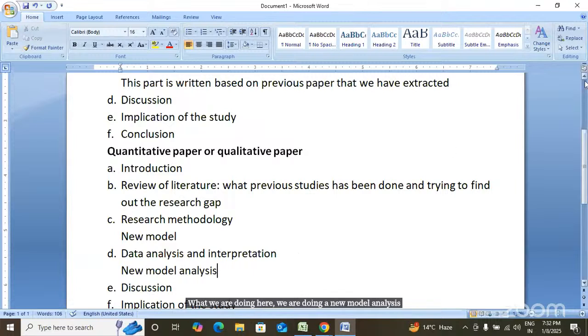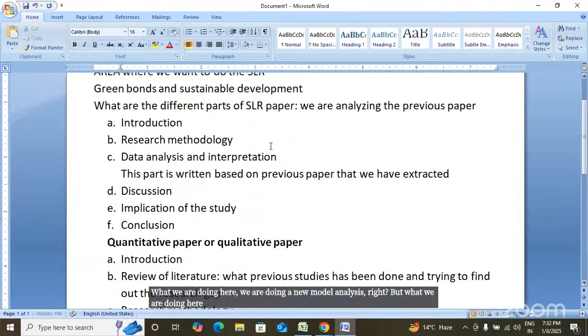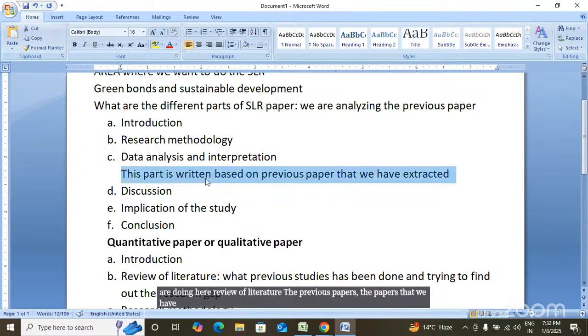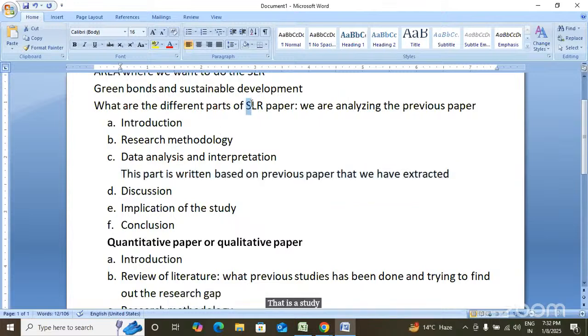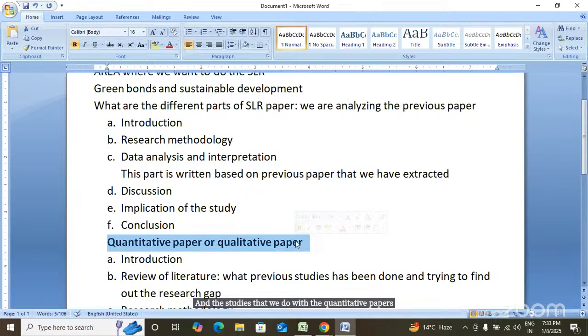But here, the review of literature, the previous papers, the papers that we have extracted become a part of data analysis and interpretation. So that is the major difference between these two types of studies: the study that we do with the help of the SLR paper and the studies that we do with quantitative or qualitative papers.